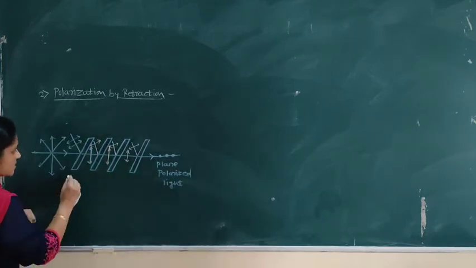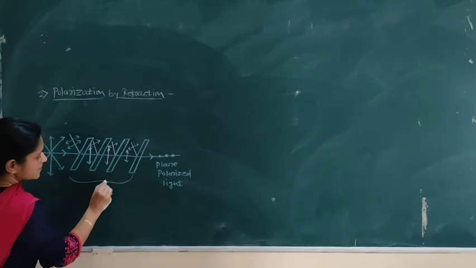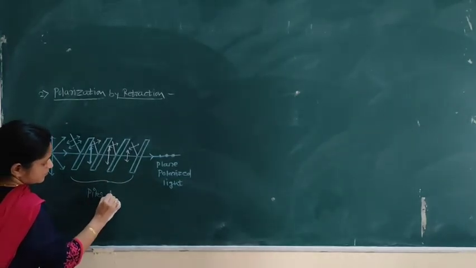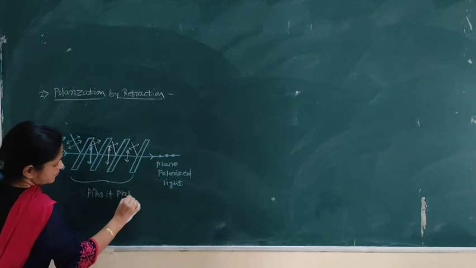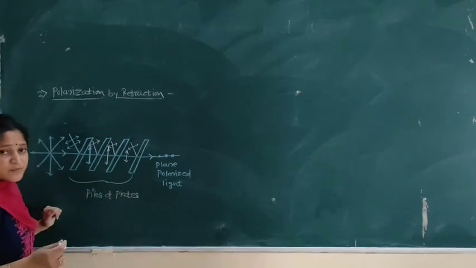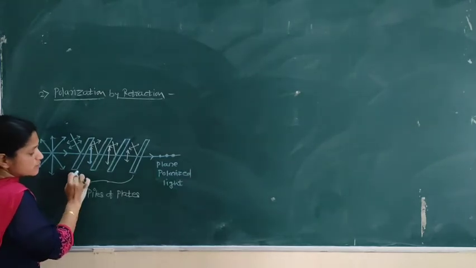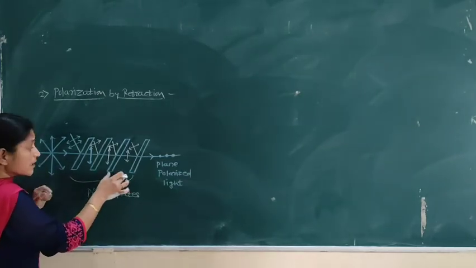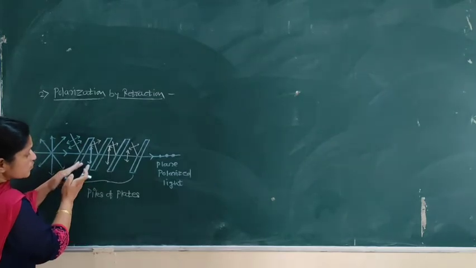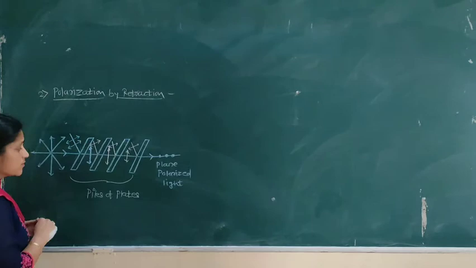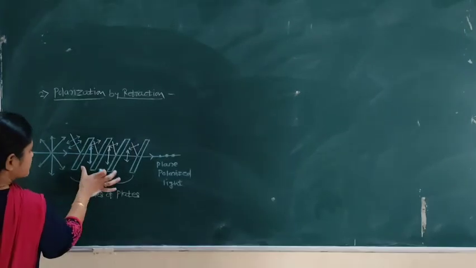Okay, this is nothing but the pile of plates. The pile of plates means what? Instead of one glass plate, if we use a number of glass plates mounted one over another with a small air gap between them, it is called a pile of plates. Understood? So this is the pile of plates.